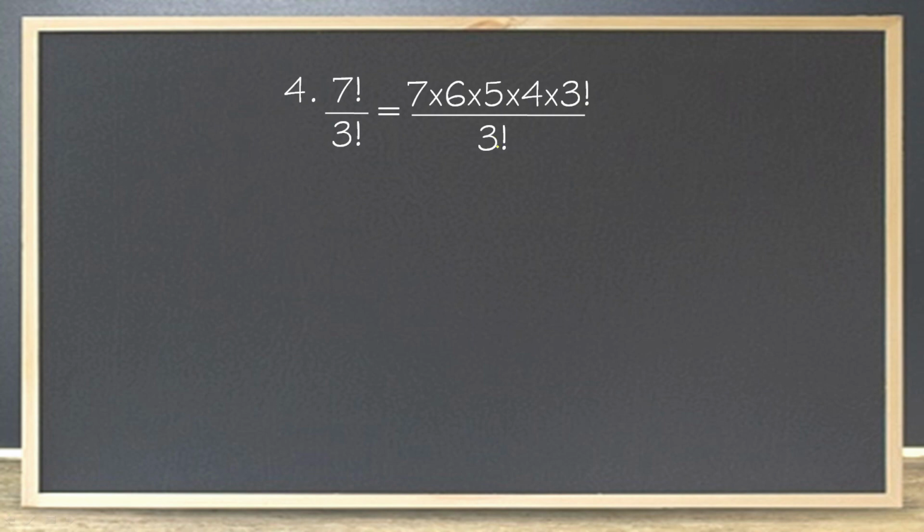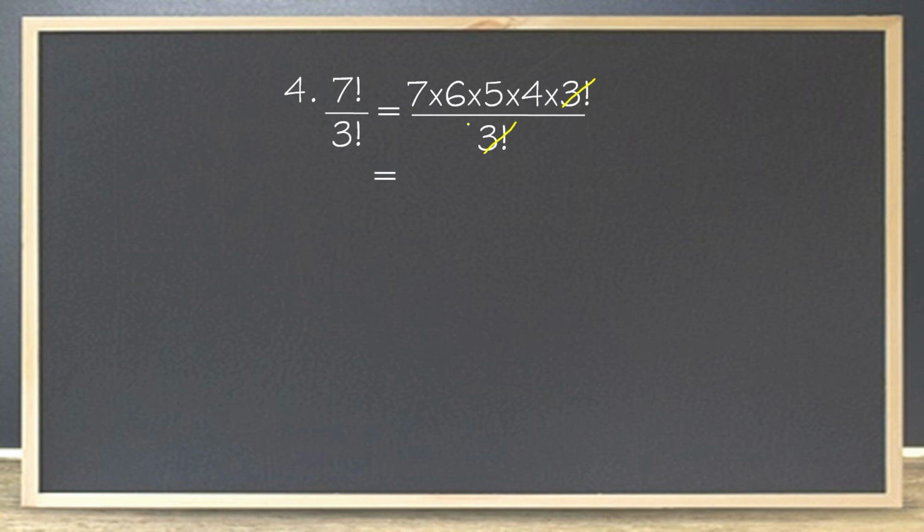And this 3 factorial is also 3 times 2 times 1. So since I have 3 factorial and 3 factorial here, they will cancel out one another. So I'll be left with 7 times 6 times 5 times 4.